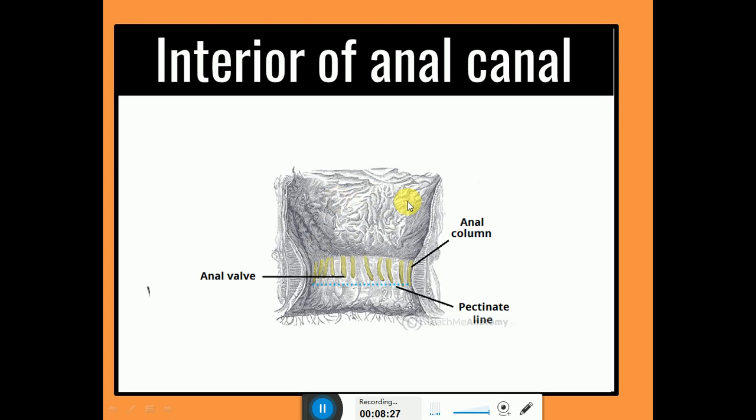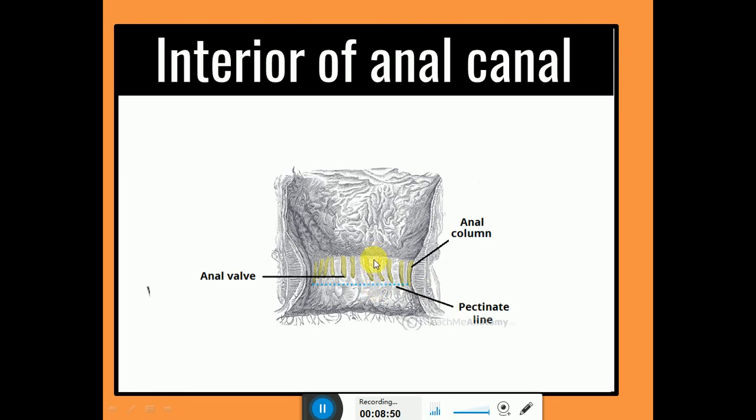This is the interior of anal canal. This is anorectal junction, and below this there is a line which is called pectinate line.